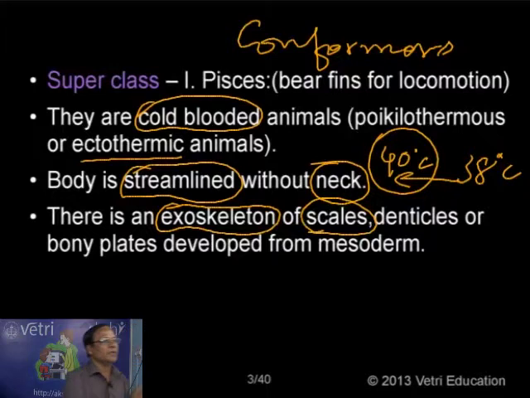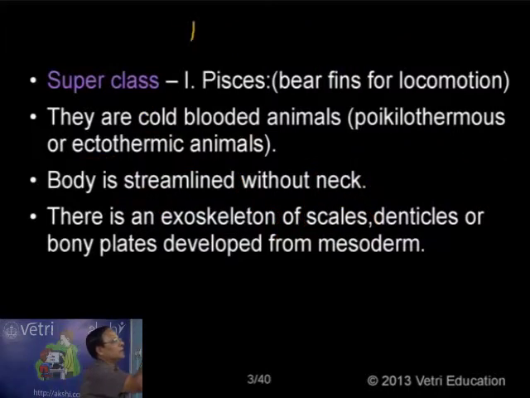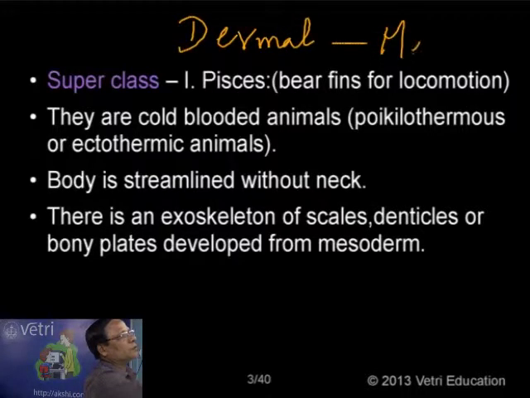Now also in the case of lizards we have the scales. Snakes also have the scales. Then what is the difference between the scales of fishes and the scales of lizards or snakes? In the case of fishes, the scales are dermal in origin, that is, derived from mesoderm.